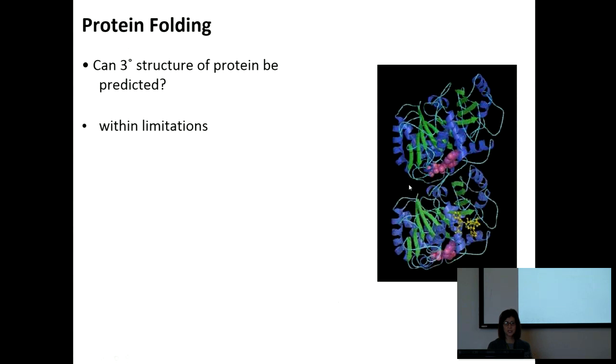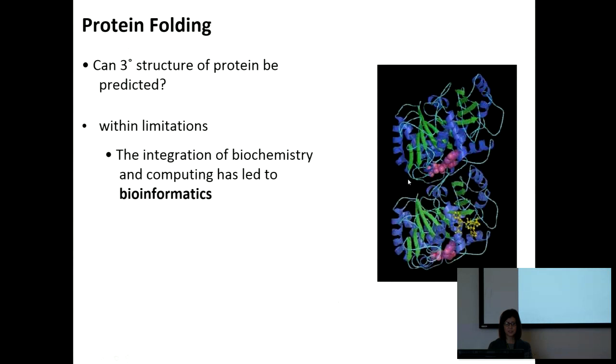So there's limitations to predict it, but there's a couple different things that we do. Bioinformatics is where we integrate computers with biochem. And I remember when I was in grad school a long time ago, this was a new field, and we had a postdoc whose job was to try to figure out using bioinformatics what the tertiary structure of our tubulin was.